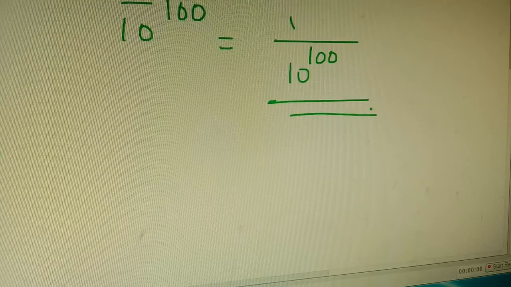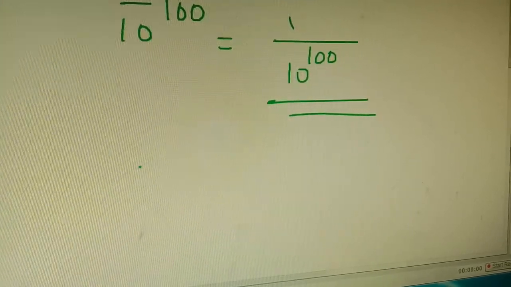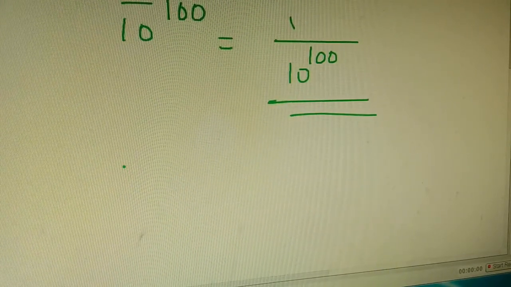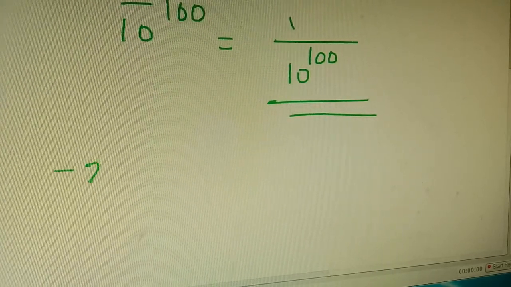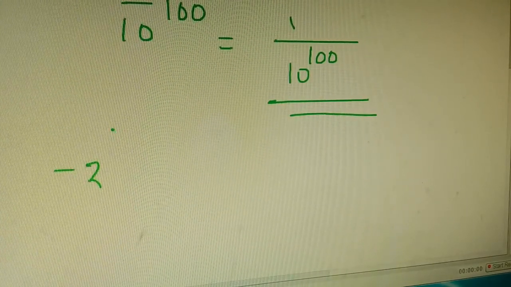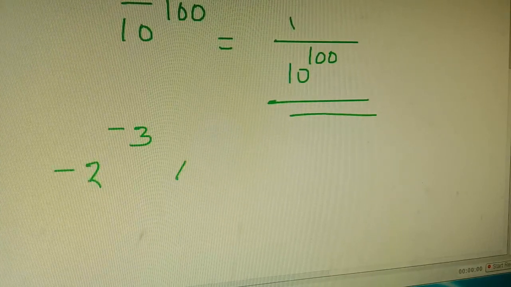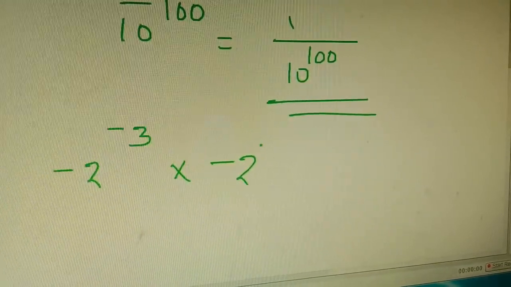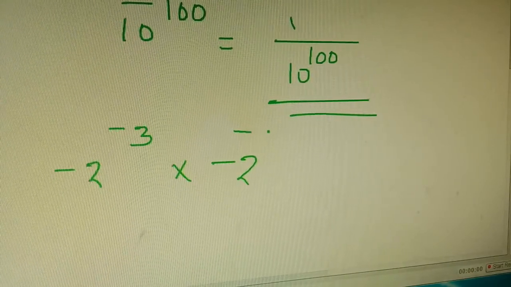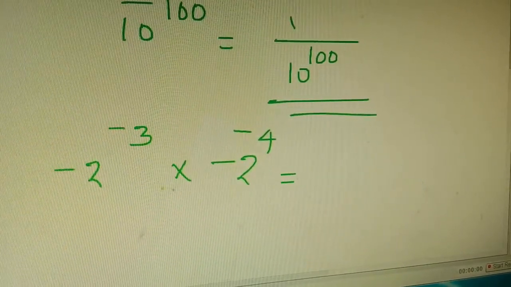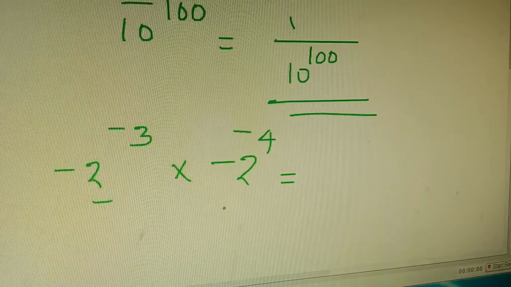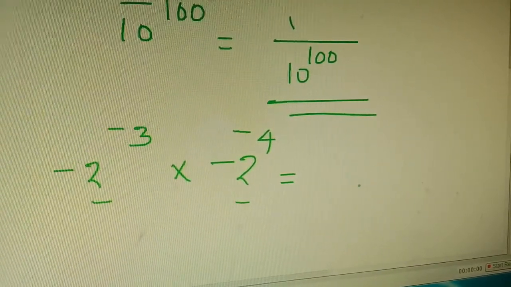Now can you simplify the following and write in exponential form? So minus 2 to the power of negative 3 into minus 2 to the power of negative 4. Here which law can we apply? Here the bases are same. Minus 2 is the base, that is same.